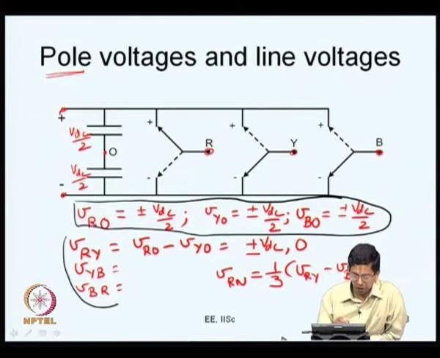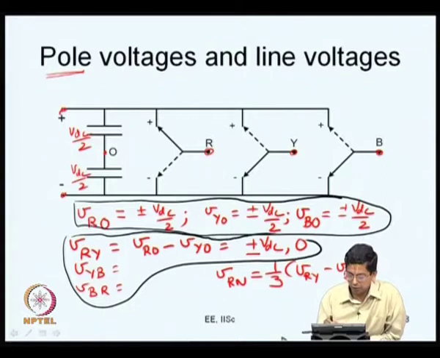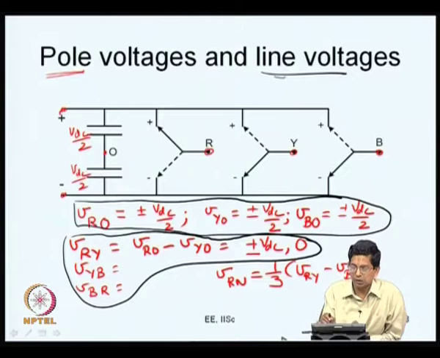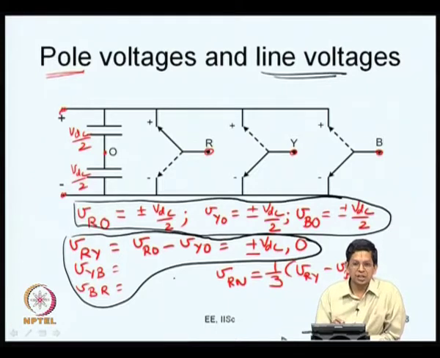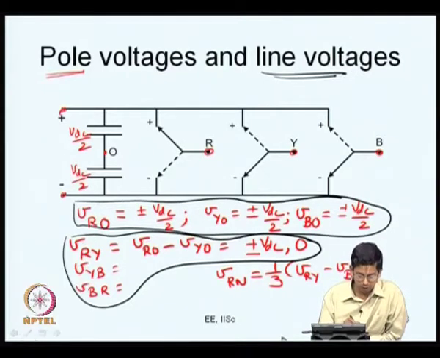And we have these voltages VRY, VYB and VBR. What are these voltages? These are the line to line voltages. So, if you consider a balanced star connected load, we will further have VRN, VYN and VBN. And how will those be?